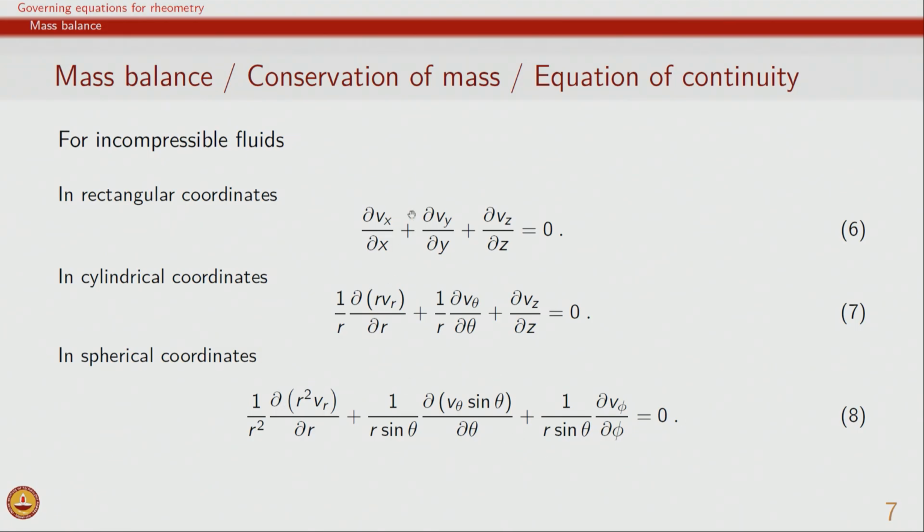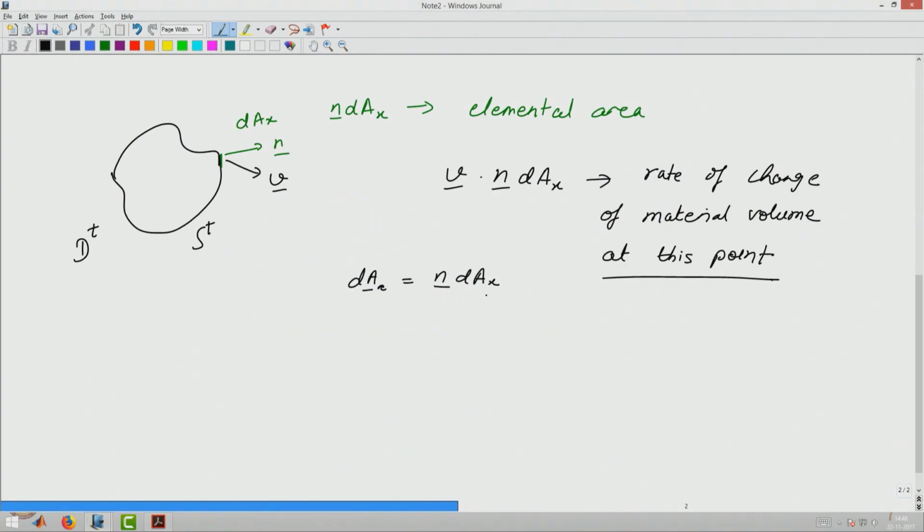And just to see applications of these for a certain set of flows, we can consider let us say a rheometric flow which is extensional flow. So, in this case let us say we have V z as a function of z.